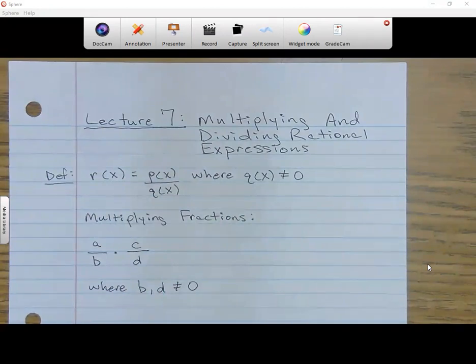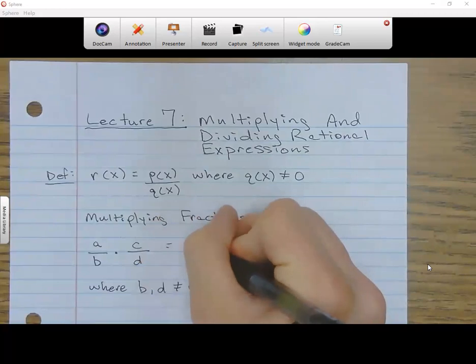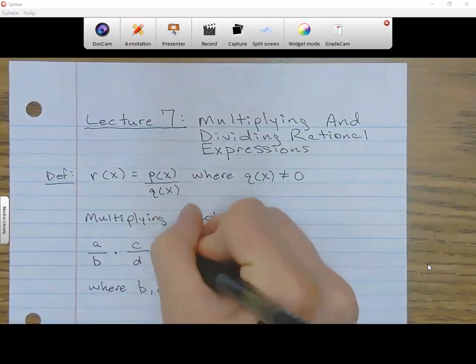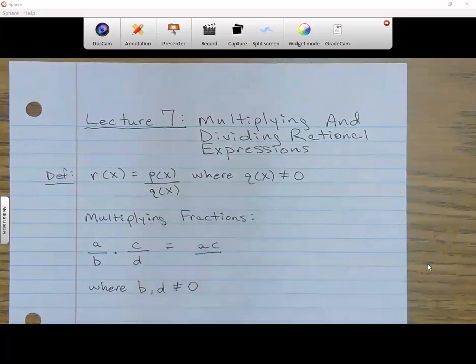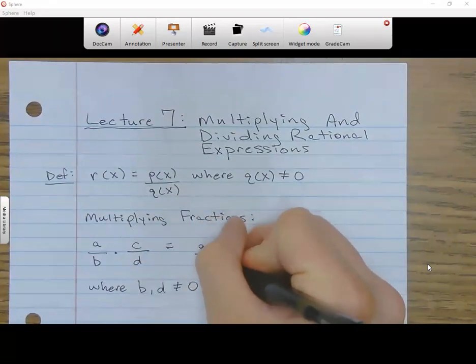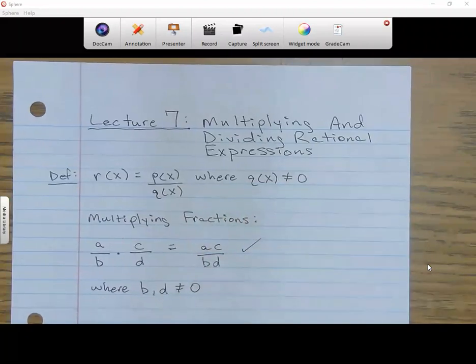Over here, you have c as the numerator and d as the denominator. What you have to do is multiply across, right? You're going to multiply the numerators together to get a times c. And then you would multiply the denominators together to get b times d. And that's it.